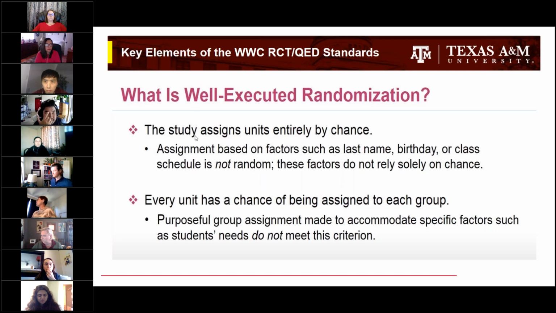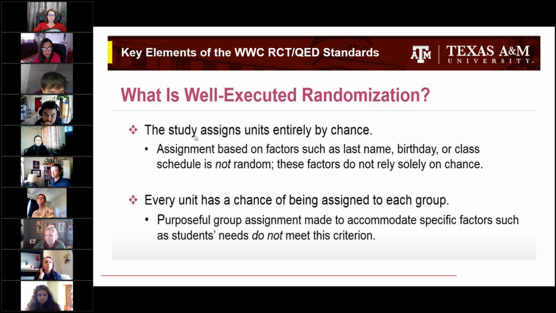For example, students can be randomly assigned by flipping a coin or using a random number generated in an Excel sheet to assign your participants to treatment and control. But if you use the class schedule to assign this class as treatment and that class as control, then this factor, the class schedule, does not rely solely on chance.